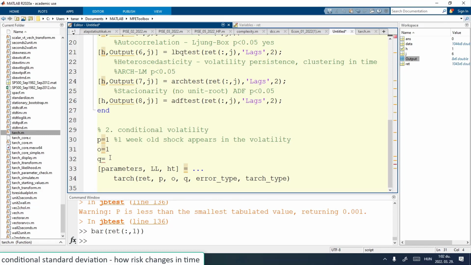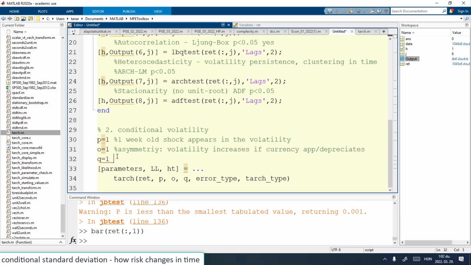This O parameter is that sometimes volatility happens if the currency depreciates. Usually this is the case, except the Swiss franc, where volatility increases when it appreciates, because it's the Swiss franc. So asymmetry: whether it depreciates up or depreciates.